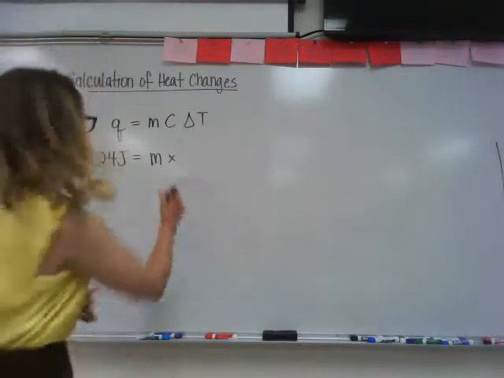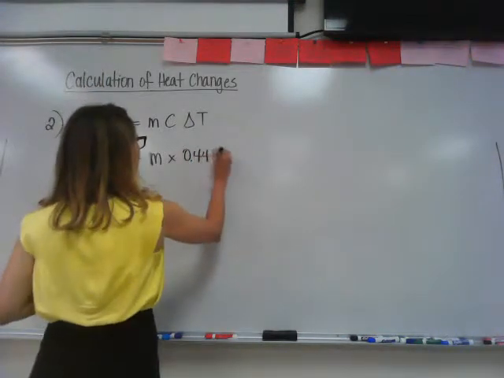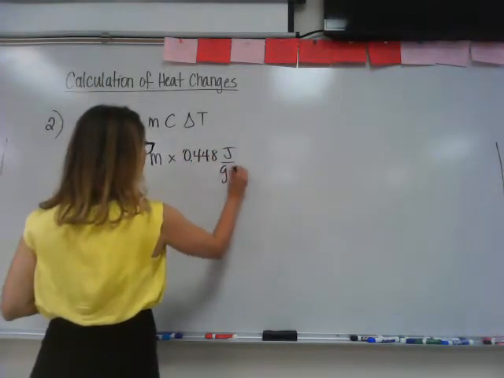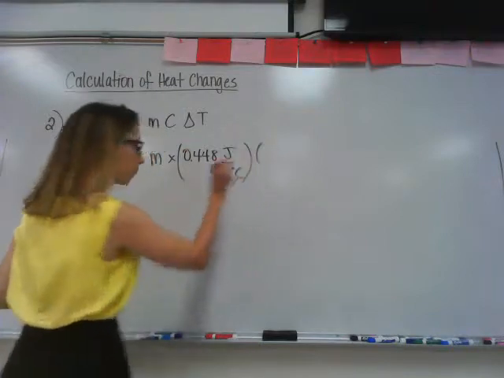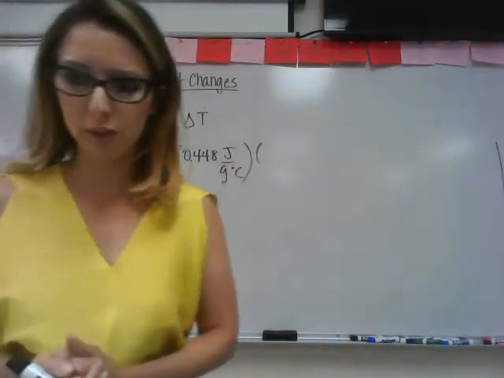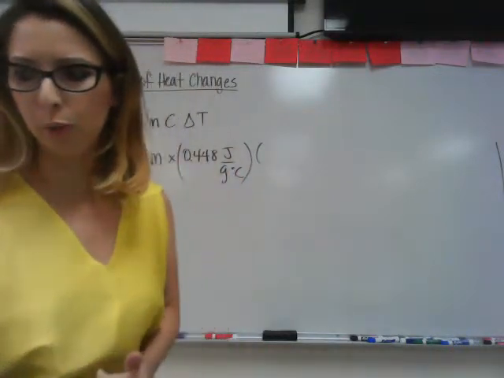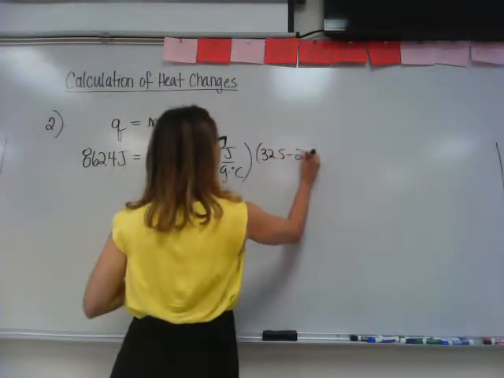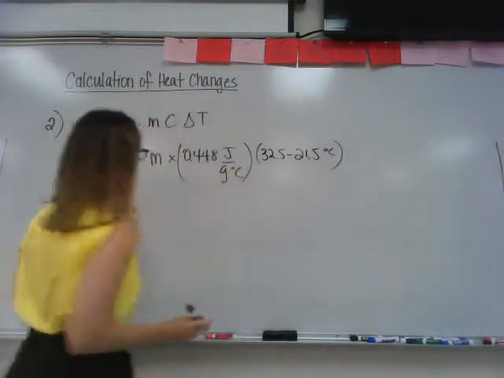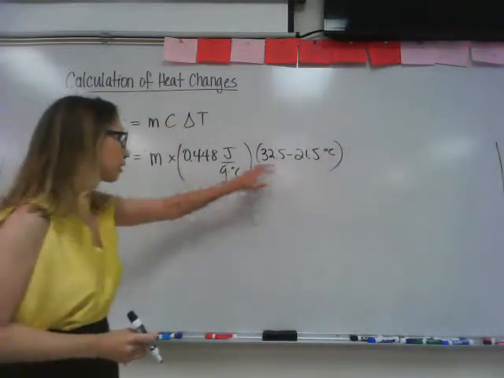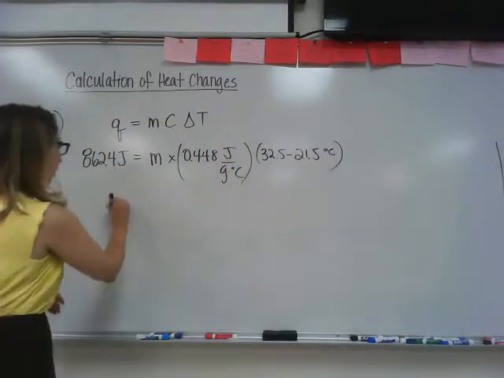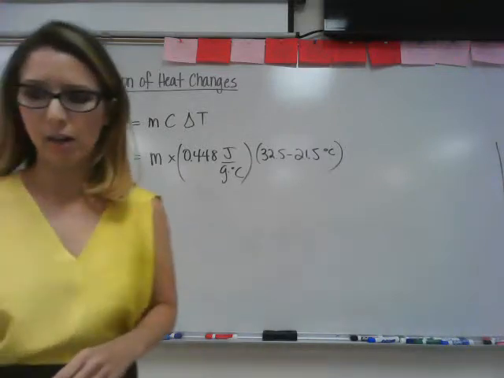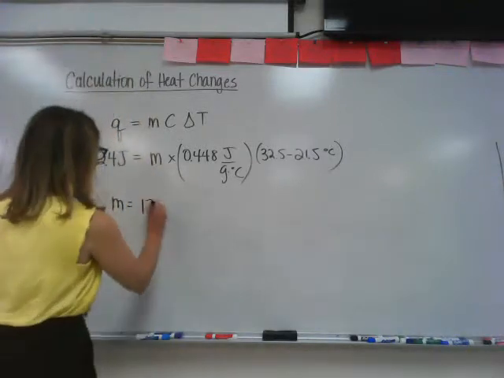It's 0.448 joules per gram times degrees Celsius. And then your change in temperature is going to be the final minus the initial, 32.5 minus 21.5. Okay, you're going to rearrange and solve, divide both sides by these two. You're going to end up getting a mass of 175 grams.